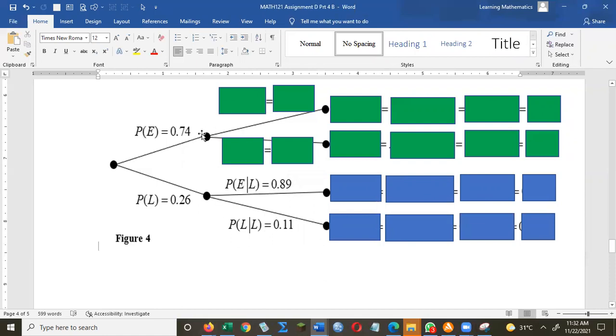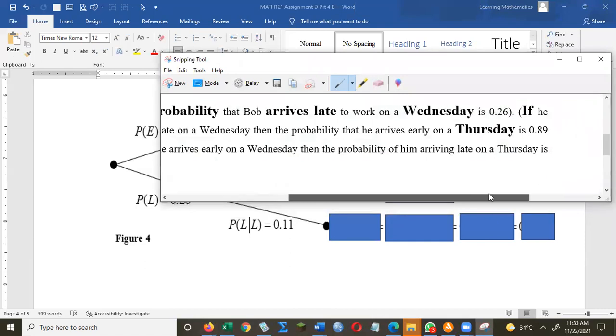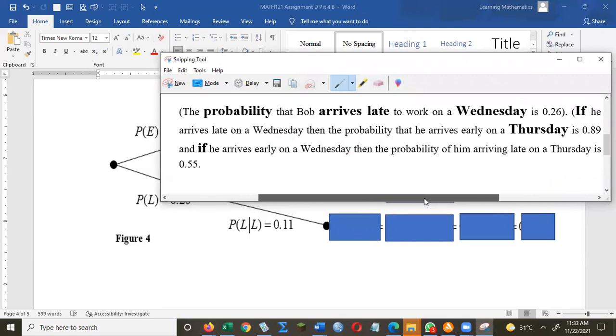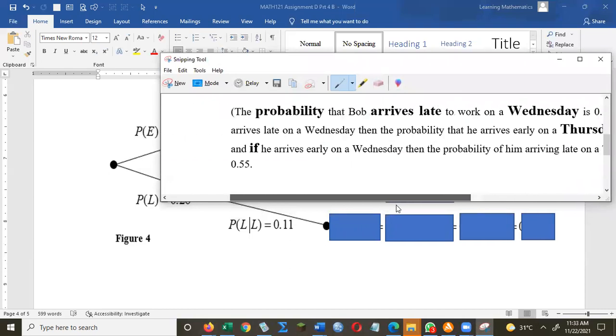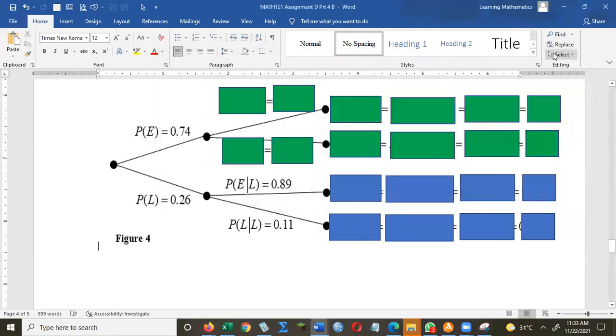And now information must be given for the if early. So let's move on. Where is the if early? If early, then late. Let's look for the if early, then late.